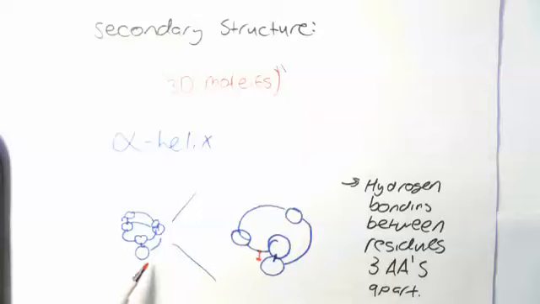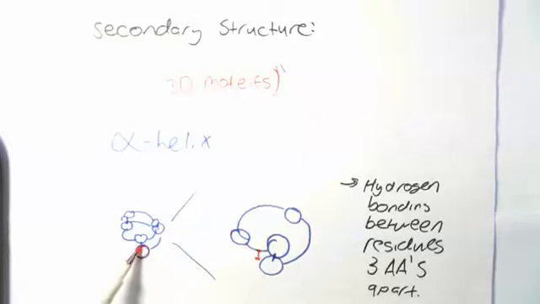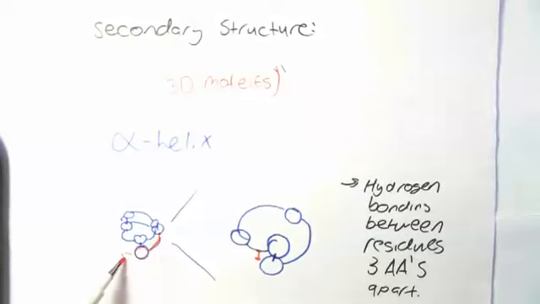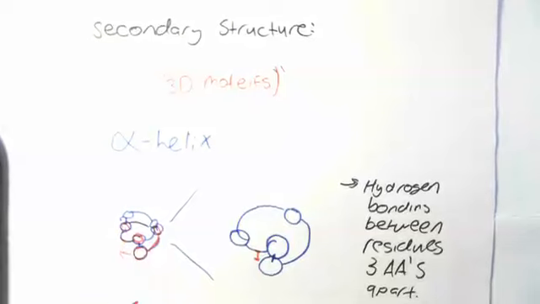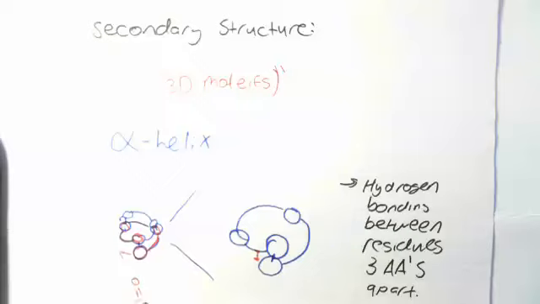So here's our first amino acid, and going around up, we're going up the screw sort of thing. The chain continues there. We have the next one, and then the second one, and the third one after our original amino acid is directly above our original amino acid, and you get hydrogen bonding. What happens is, when you have a peptide bond, you have this sort of arrangement here.